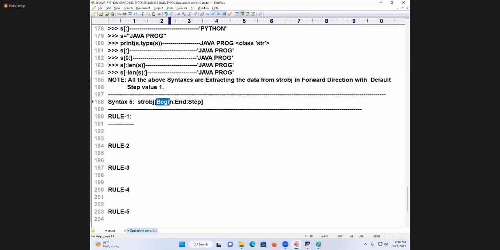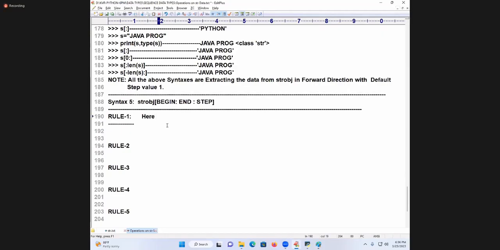Here, begin, end, step. According to your knowledge so far, what can be the value of begin? The begin value can be either positive or negative, I can specify. And what is the default step so far? 1.